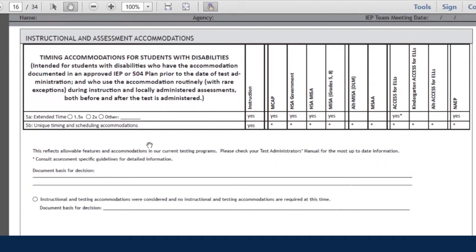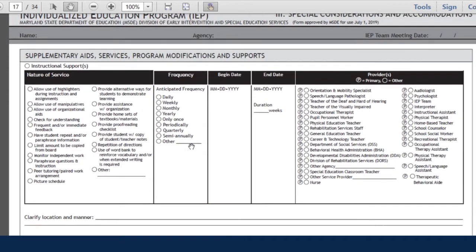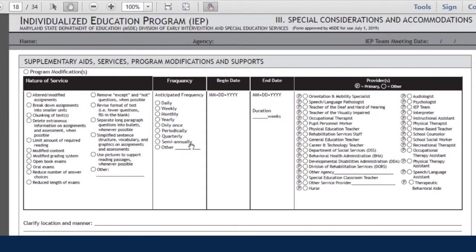At the very bottom here, you'll see extended time. Extended time is usually 1.5. Occasionally, you may need to ask for additional time, like 2 times or more, or if there are unique scheduling requests, they could be reflected in here as well.